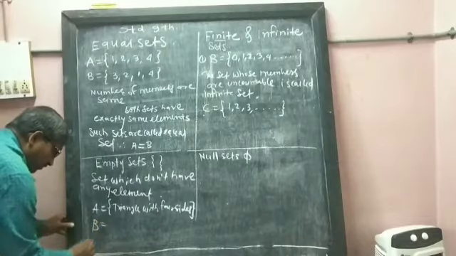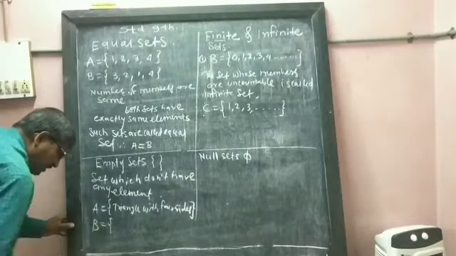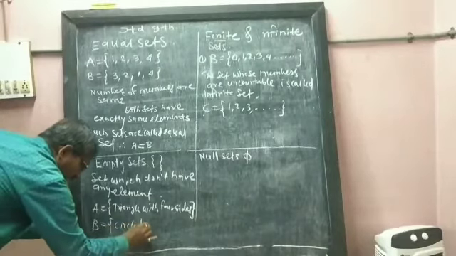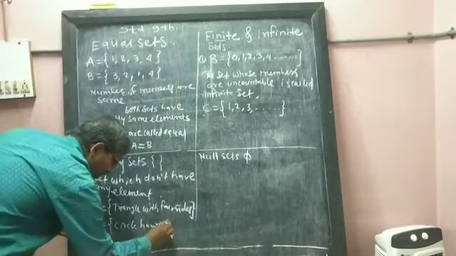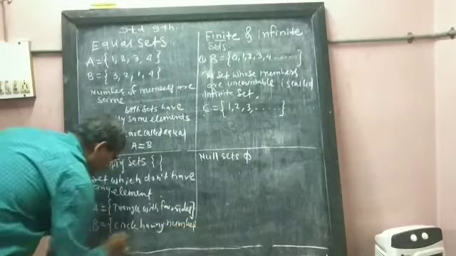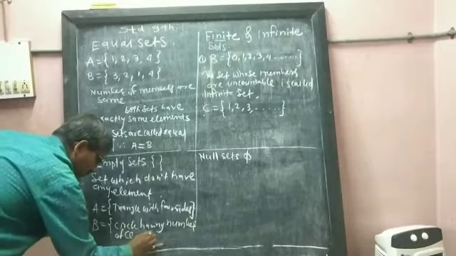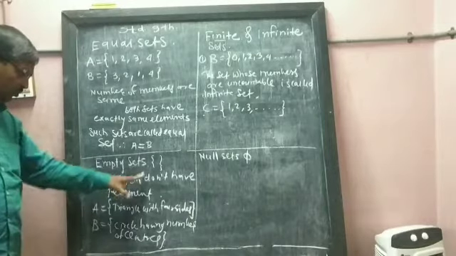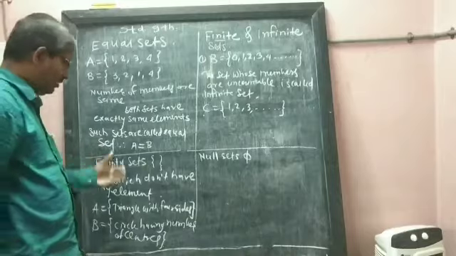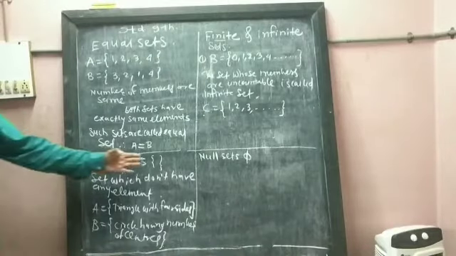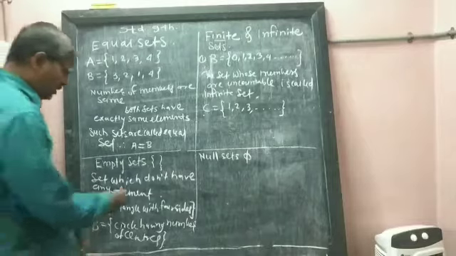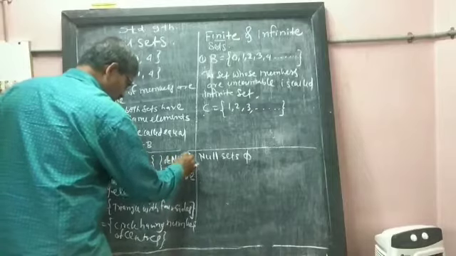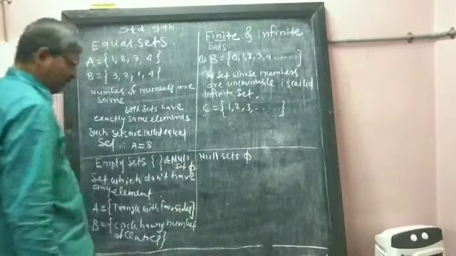Suppose here B is a set of circles having a number of centers. So a set which doesn't have any element is called an empty set, and this is the symbol of the empty set. This is called a null set also. Its symbol is like this.